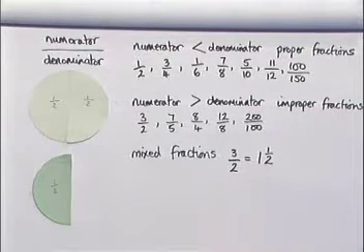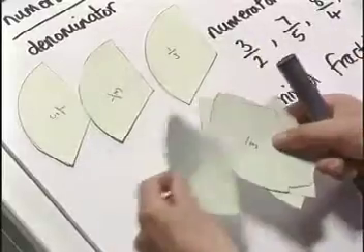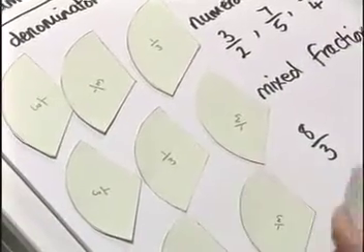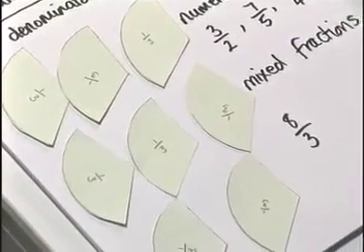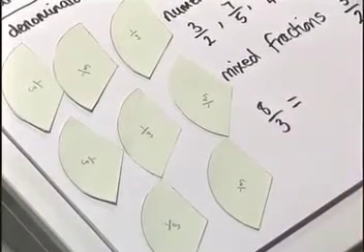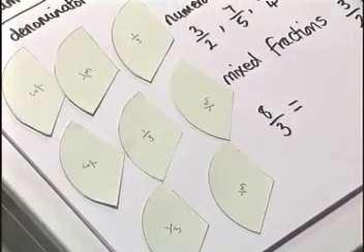Let's have a look at another example. Let's say we had 8/3. Let's count out 1, 2, 3, 4, 5, 6, 7, 8 thirds. How else can we write that? How do we write that as a mixed fraction?